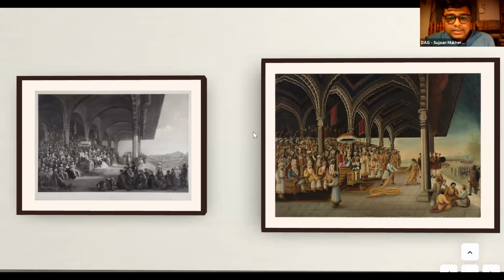What's also interesting is that because of this, a lot of these painters found patronage because wealthy zamindari families in Bengal, mostly of Hindu upper caste, would be commissioning these works.